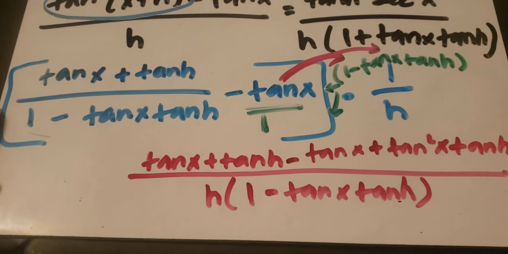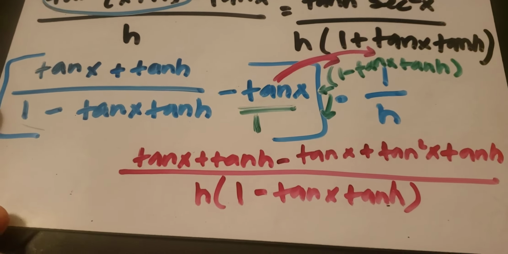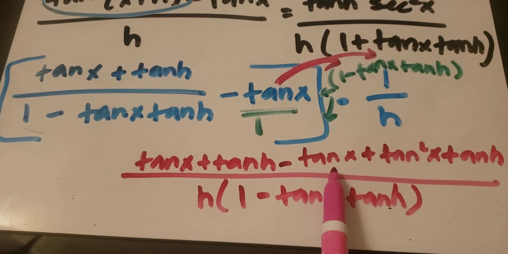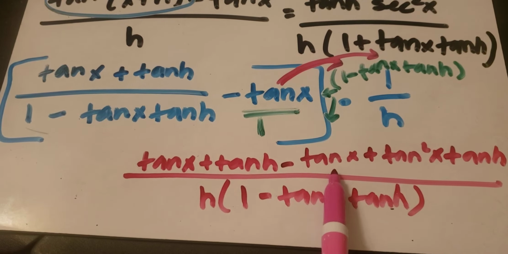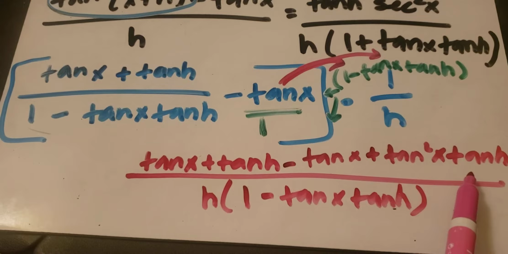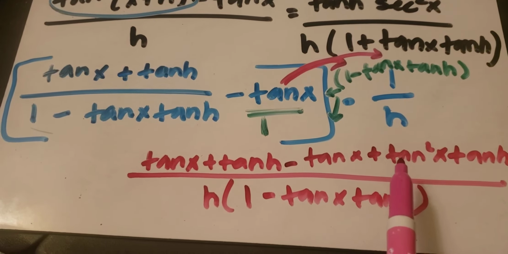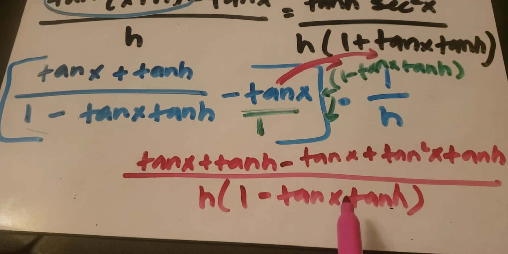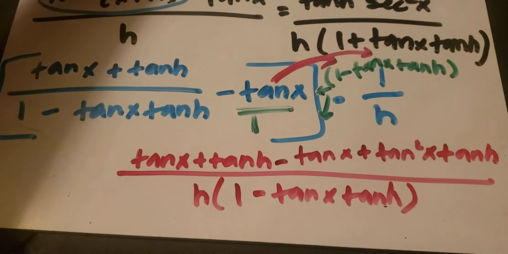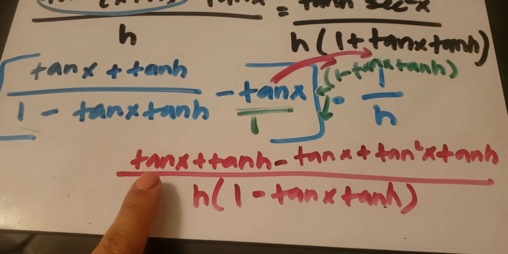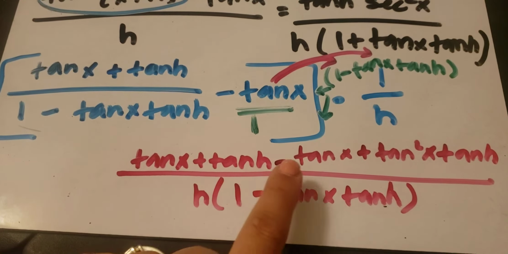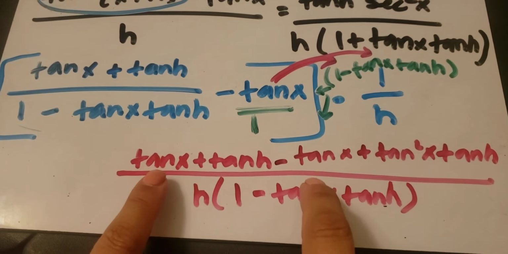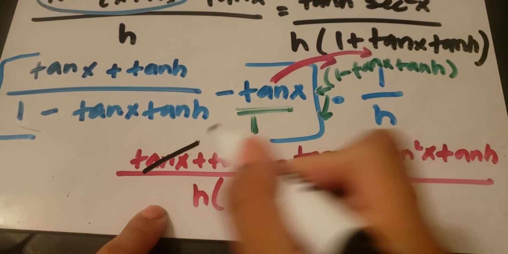Right off the bat, I can tell a couple of things. I have a tangent of x here and a tangent of x here, and a tangent of h here and a tangent of h here. So the first thing I'm going to do: this is tangent of x plus tangent of h minus tangent of x. These can cancel out, tangent of x minus tangent of x.